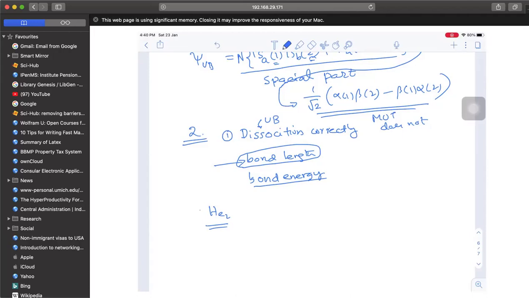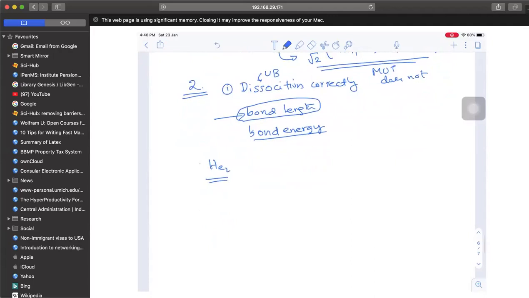Okay, sir. So question number 3: He2 molecule, do you expect it to be stable? I'm sure this is a simple question that you definitely know the answer to. It is not stable. Why? Because if it was formed, then the electronic configuration will be 1 sigma g with 2 electrons and 1 sigma u star with 2 electrons.